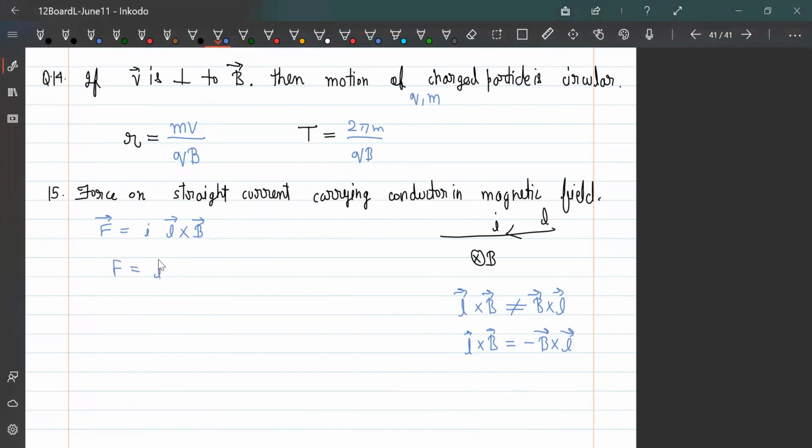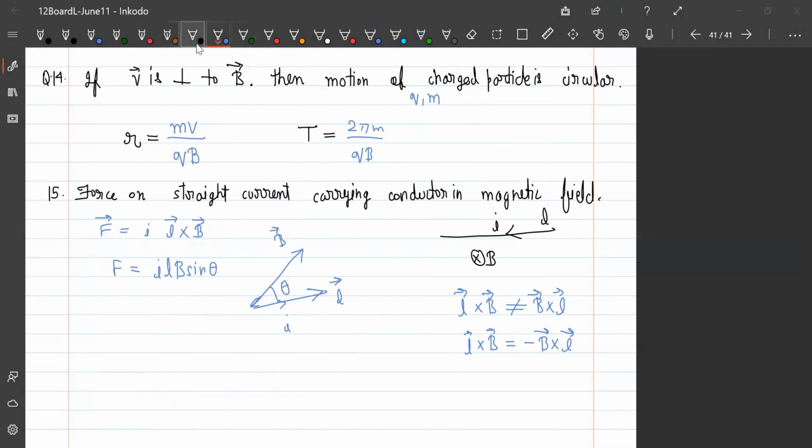Then in scalar form, force will be ILB sin theta. जहाँ पे theta is the angle between the length vector and the magnetic field. Length vector का direction हम current के along लेते हैं. And दूसरा हो जाएगा magnetic field. ये वाला angle theta होगा. So that will be ILB sin theta.